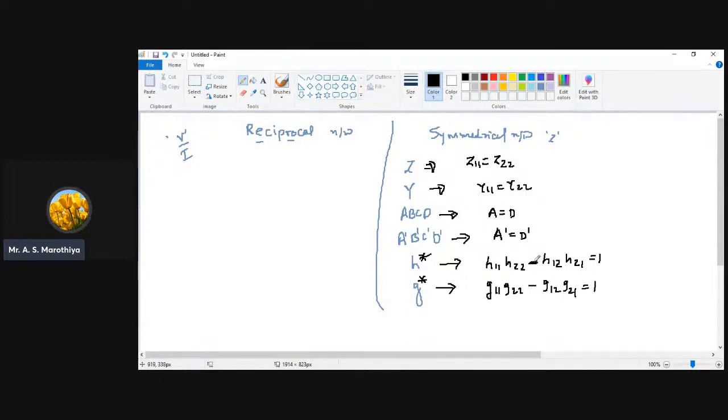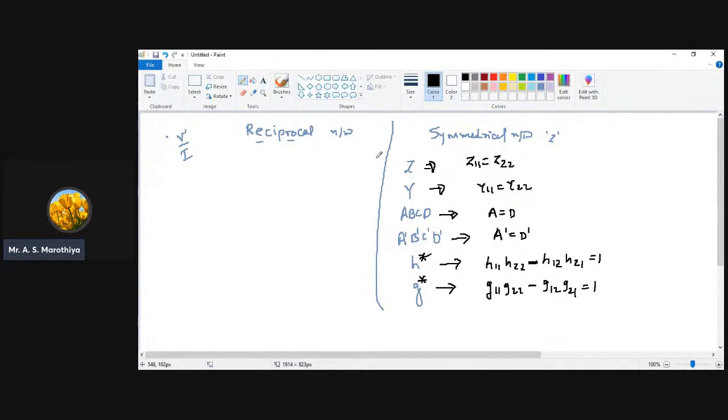These are some twisted formulae. So in case of z parameter, the symmetricity formula is z11 equals z22; y11 equals y22; abcd, A equals D; inverse abcd, A dash equals D dash; and for g and h, this is the formula.